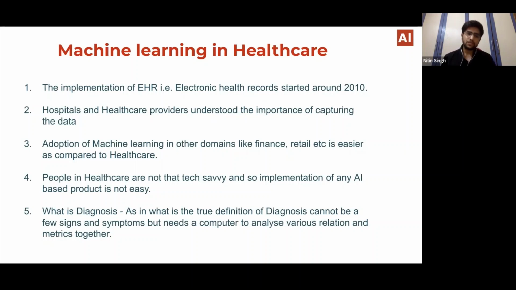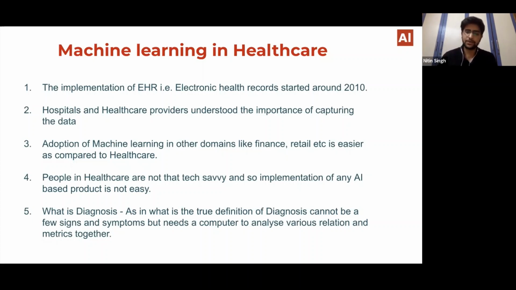In that case, who is the end user? The end user is some person, maybe an agent of that particular bank, or maybe someone else in the background trying to check and analyze things. But in healthcare, that's not the case.